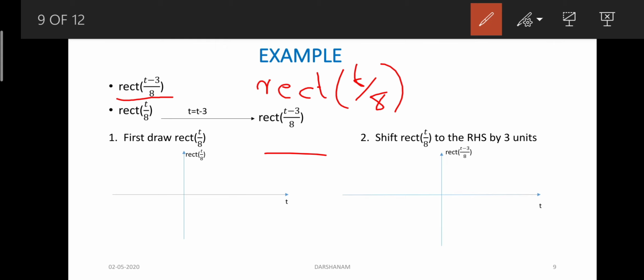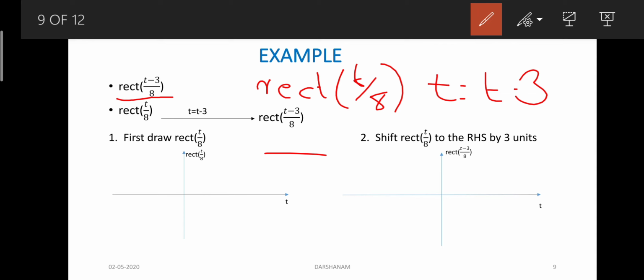That is, let rect of t by 8 be a function. By putting here t equal to t minus 3, we will get rect of t minus 3 by 8. So first, as in the earlier cases, do the operation of rect of t by 8.